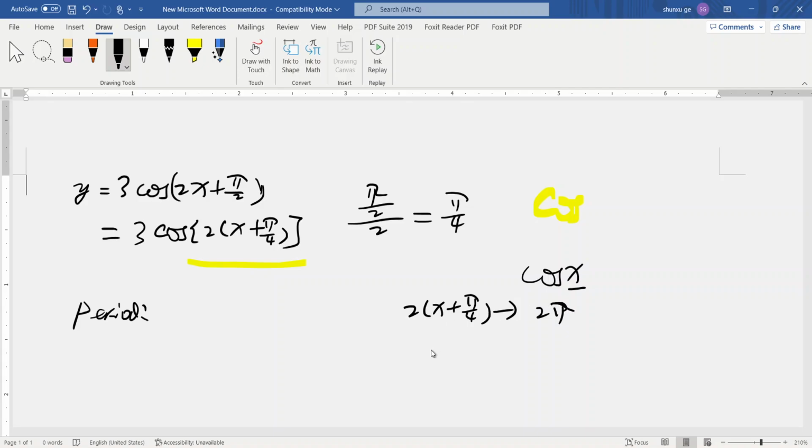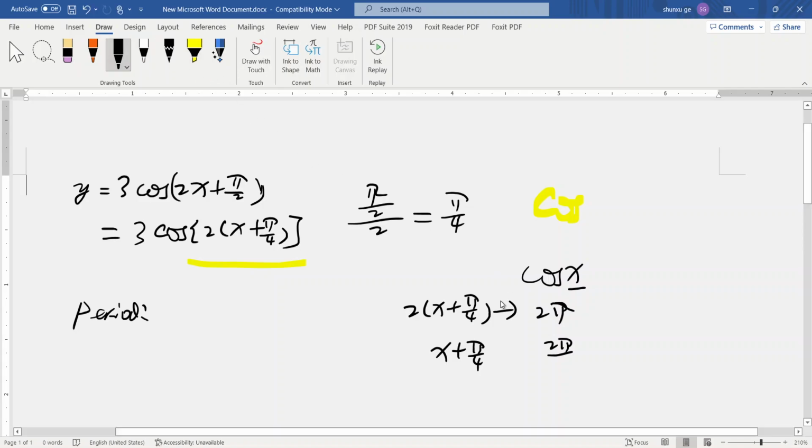So x plus pi over 4, the period should be 2 pi over 2, so dividing by 2, it's pi.